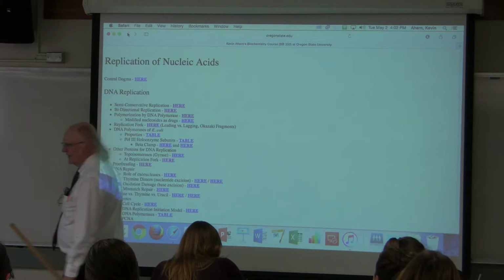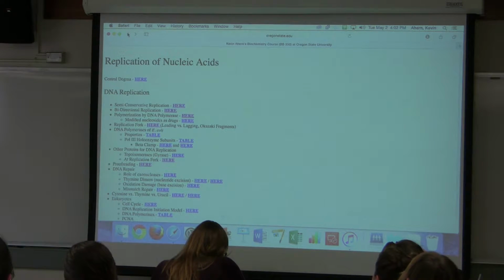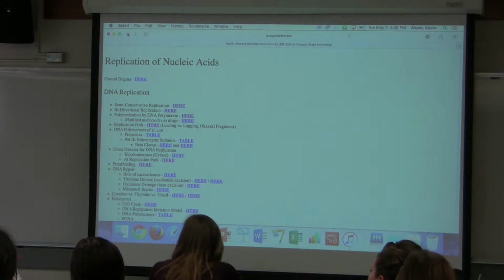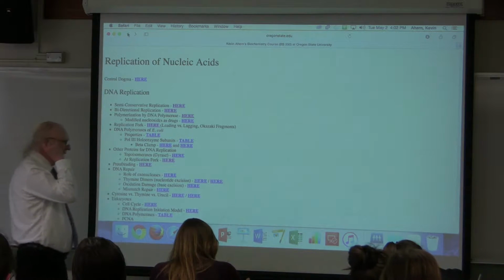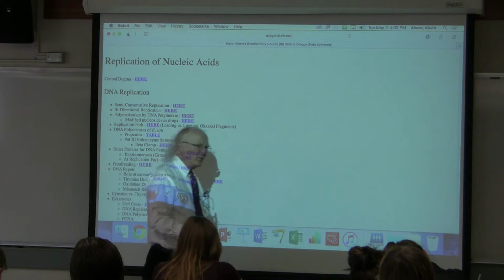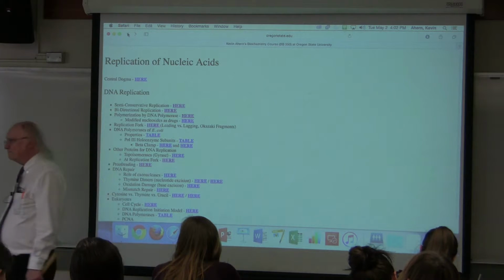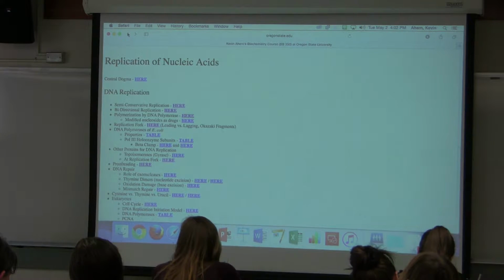I want to spend a little bit of time today talking about another activity of most DNA polymerases. I've already hopefully planted in your head that DNA polymerase is a pretty remarkable enzyme, whether we're talking about polymerase III or polymerase I, and there are even more amazing things to see about it.